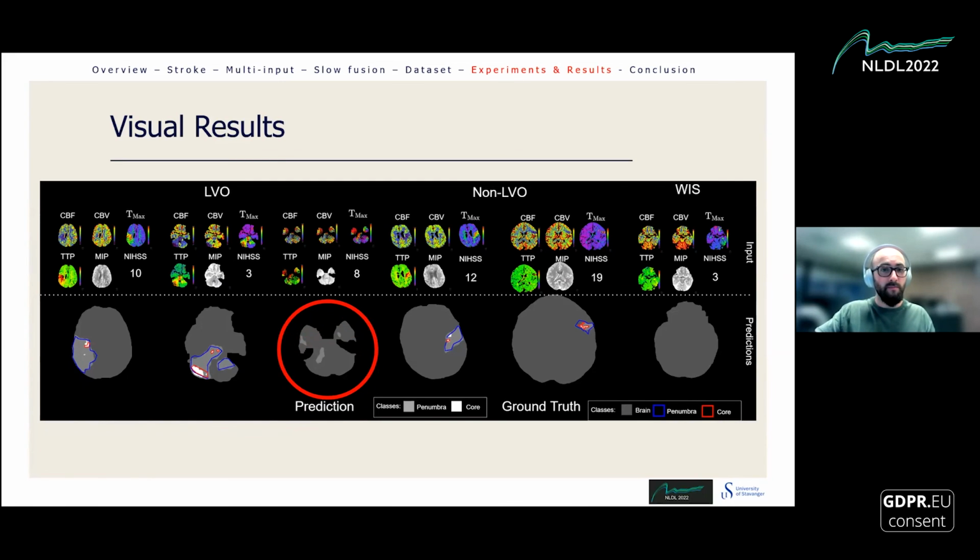I don't know if it's possible to notice from this slide, but the input parametric maps contain artifacts because of the way they are generated. So we assume that these false predictions are caused by the artifacts in the input. This is something I will focus on in the next research.